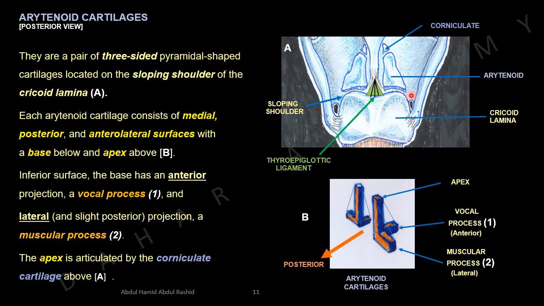When we say three-sided pyramidal shaped, that means they have three surfaces: medial surface, posterior surface, and anterolateral surface, and the base below and apex above. Here we can see, if you see this diagram, a very simple diagram.